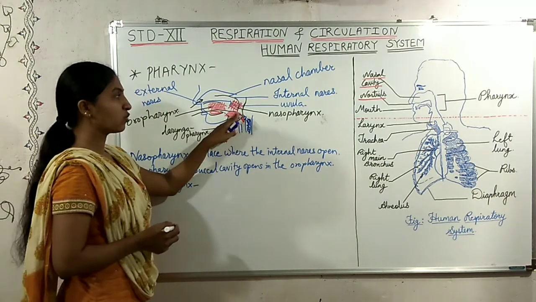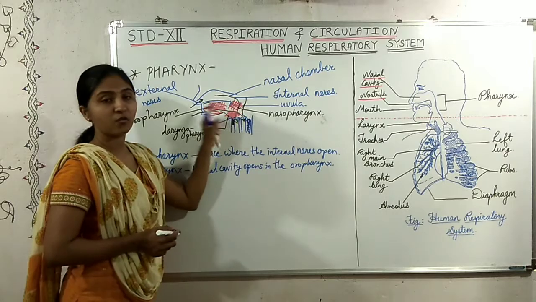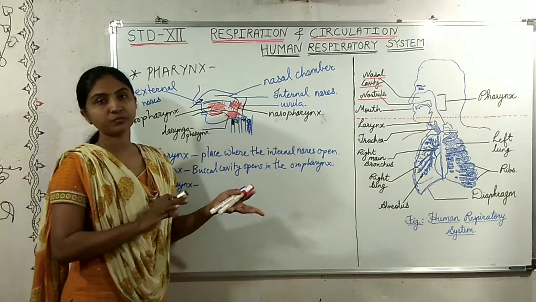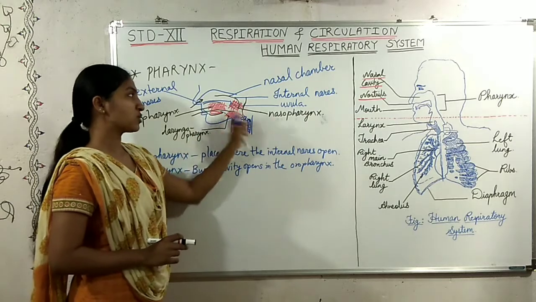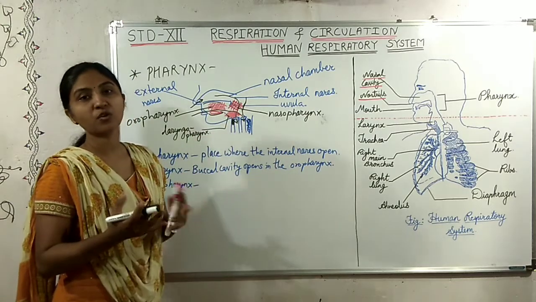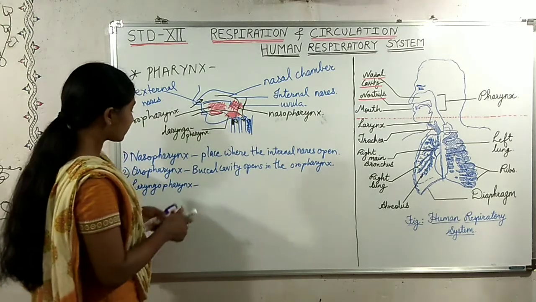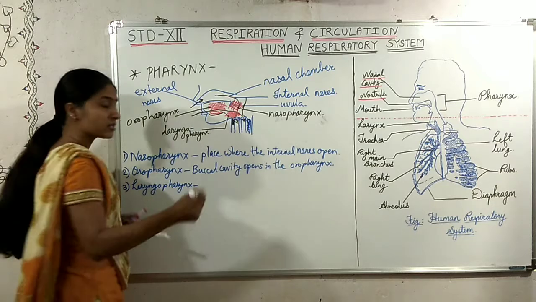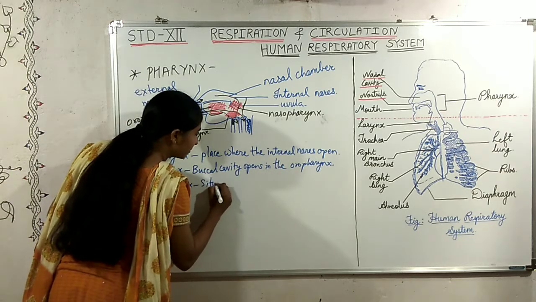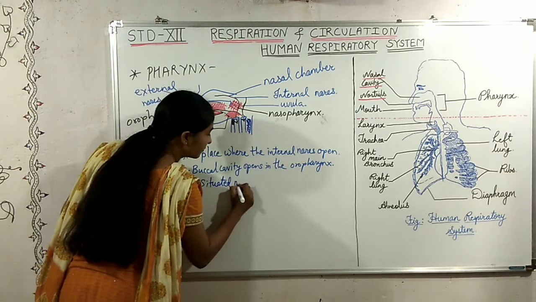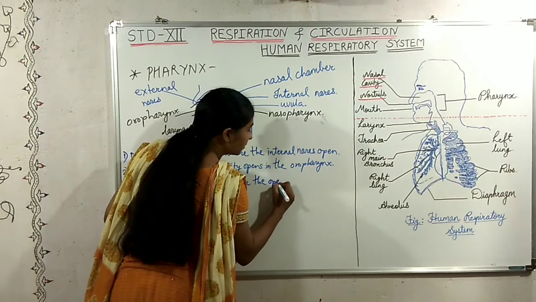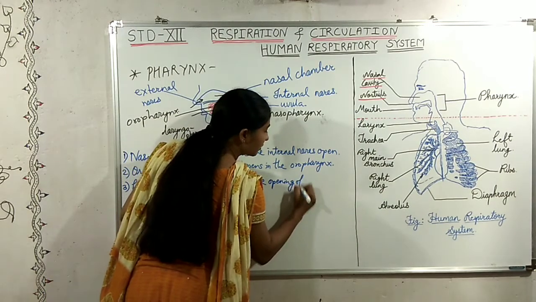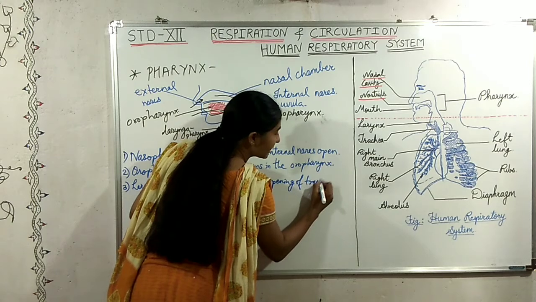So the laryngopharynx is the area where the food and the air cross over, and the oropharynx and nasopharynx are the common passage for food and air. The laryngopharynx is situated near the opening of the trachea.